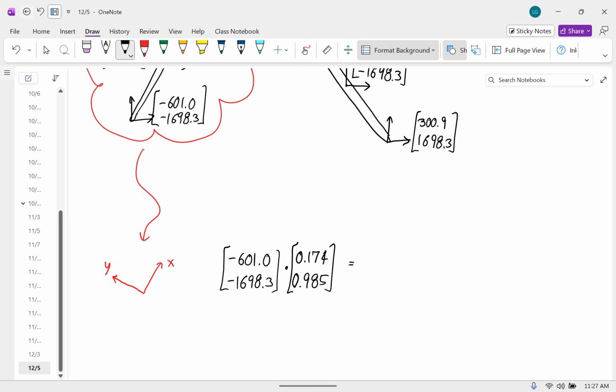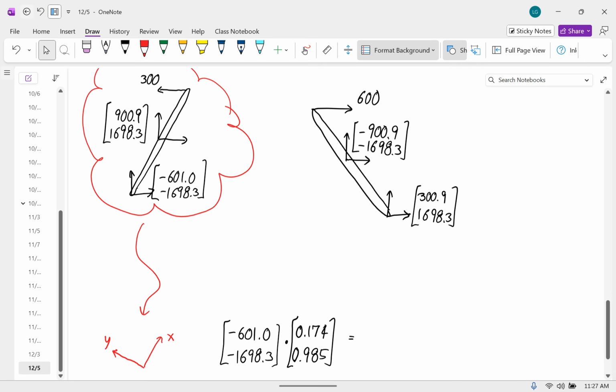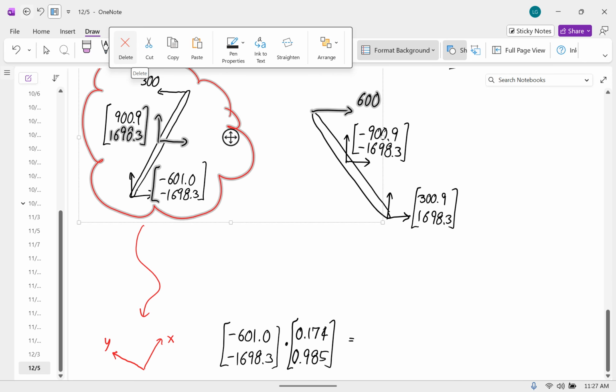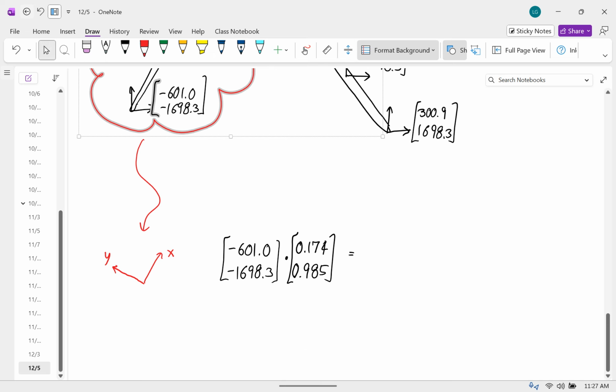Wait, where's that unit vector coming from? Well, that vector is at an 80-degree angle compared to our axes, so I'm just using cosine and sine to get a vector that's along that. This y-axis would be cosine and sine of 80 plus 90, so 170.